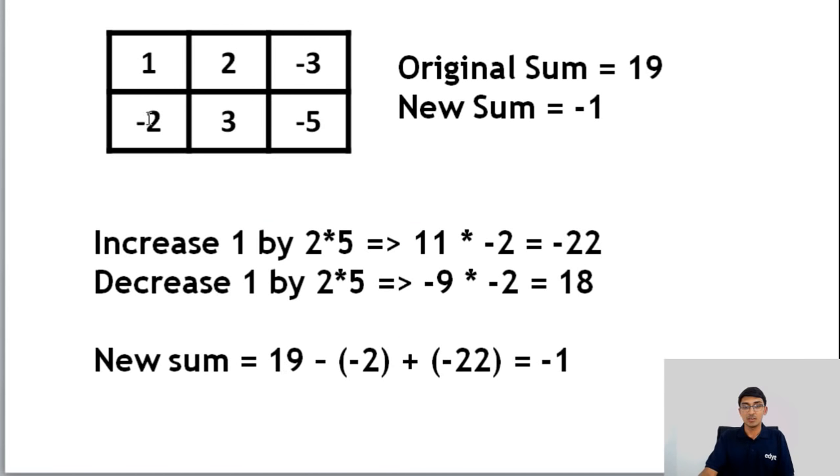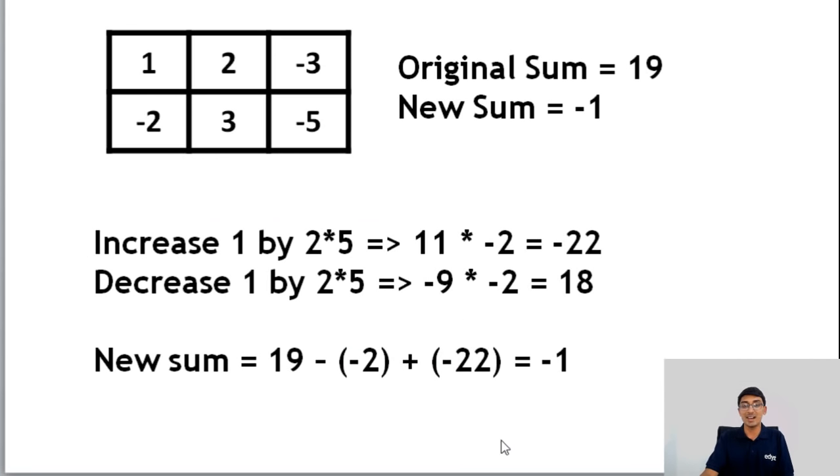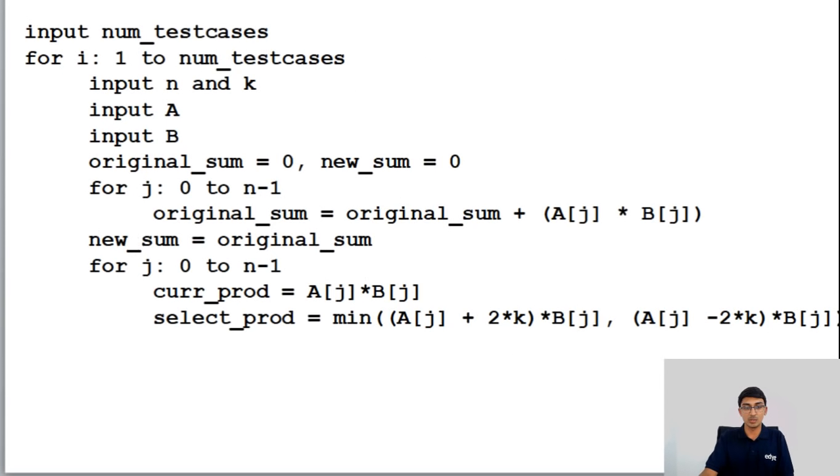That is, we need the old product, that is -2 over here, 1 into -2. We need to remove it, and we need to add the new product if we had attacked this element. So that is exactly what this pseudocode is going to do over here. We're going to do current product is aj into bj, that is what is without any modifications. What is the product of the two elements that we are on right now?